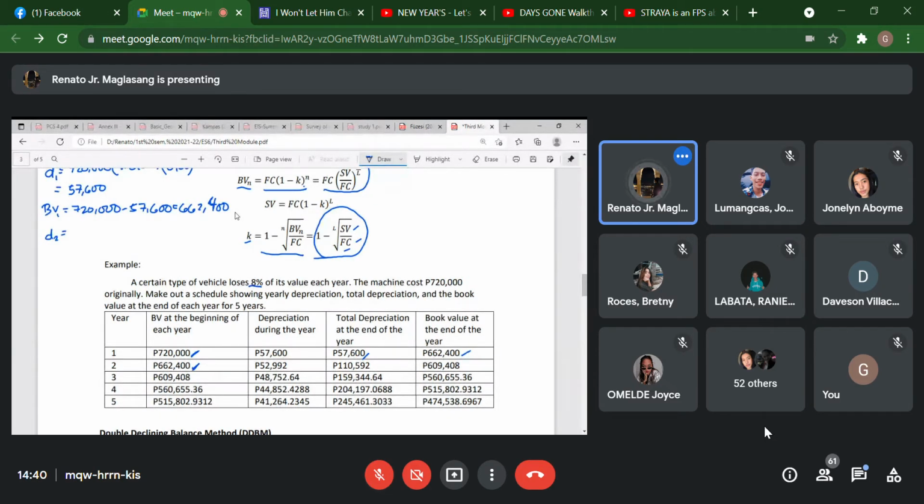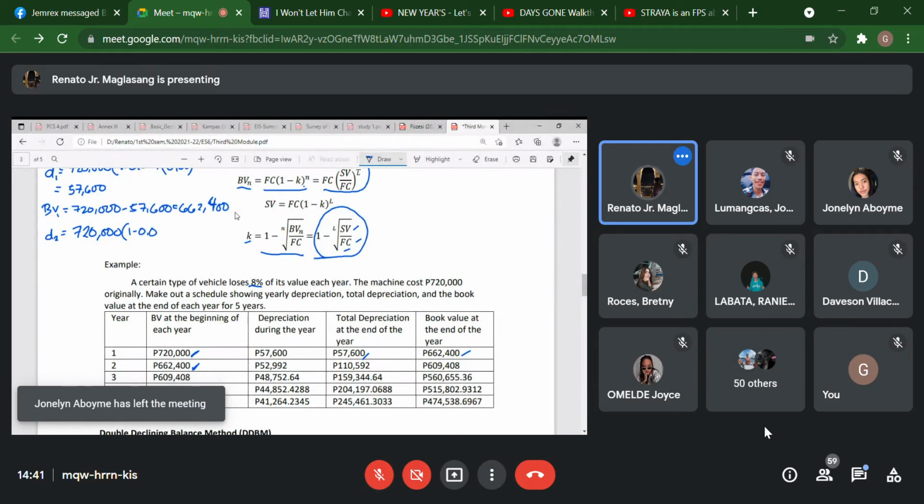It will become 662,000. No, it should still be the first cost times (1 minus 0.08) to the third.